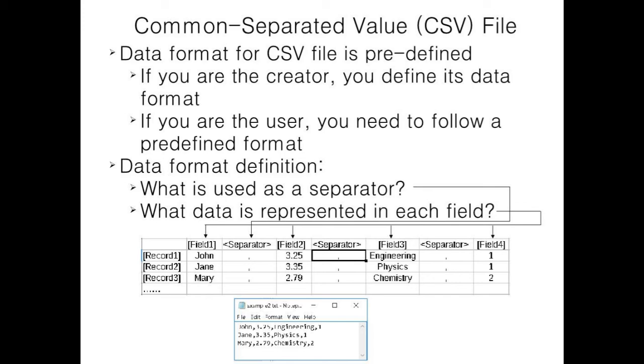Field number 3 is a character string, defining the major of the student, for example. And field number 4 is an integer, and in this example it could be the year of the student. So in this example, we have 3 records. Each record contains 4 fields, representing the different data defined in the CSV file.